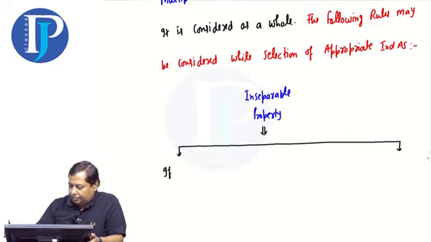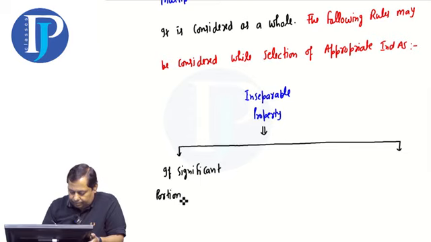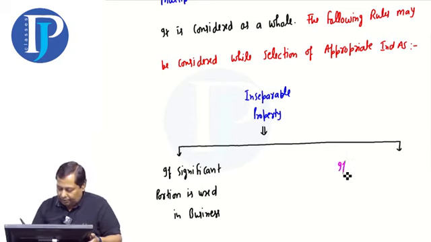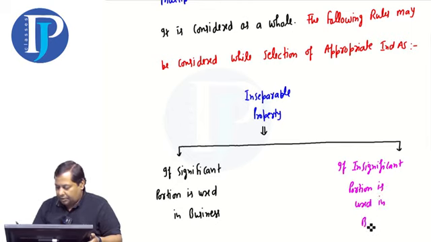So if a significant portion is used in business, or if an insignificant portion is used in business, you should only see business.